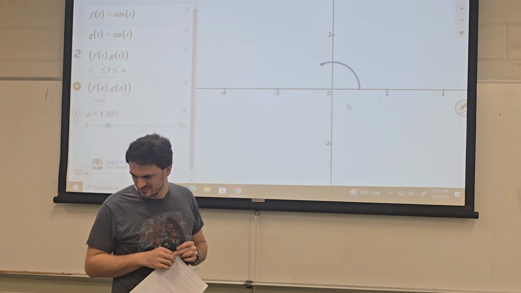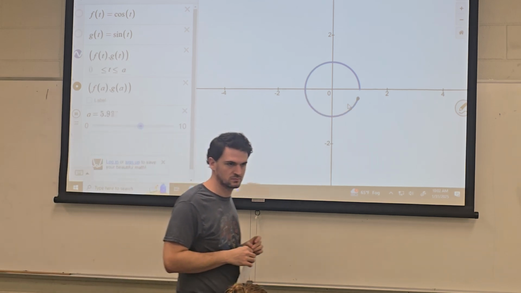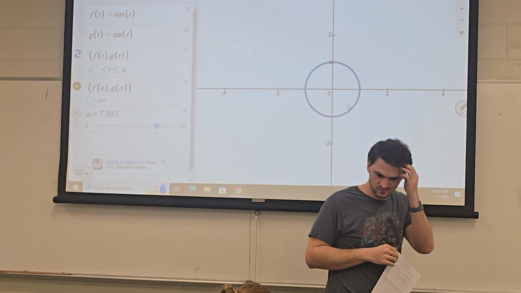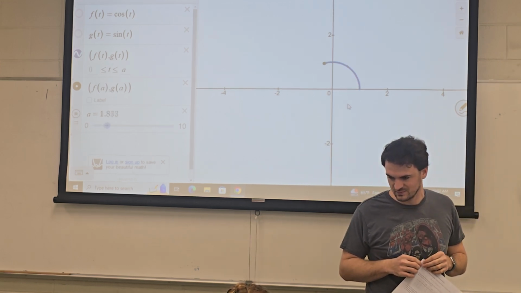And the dx dt is negative, x is going negative as it's moving along the arrow, and then dy dt is positive as it starts going up.